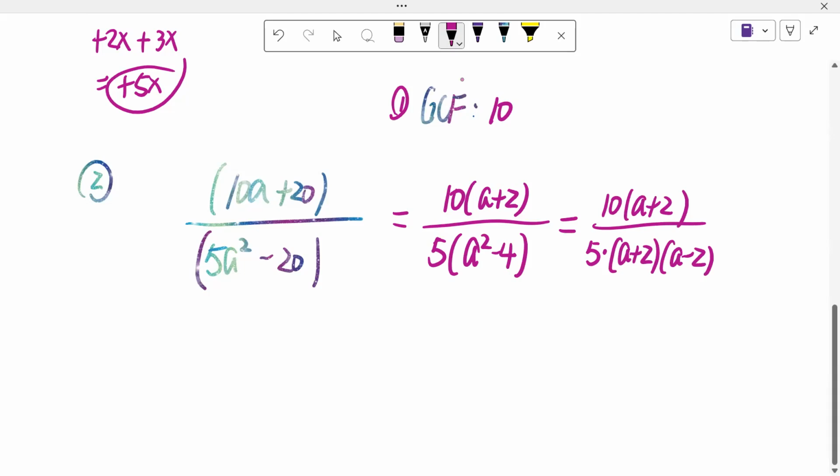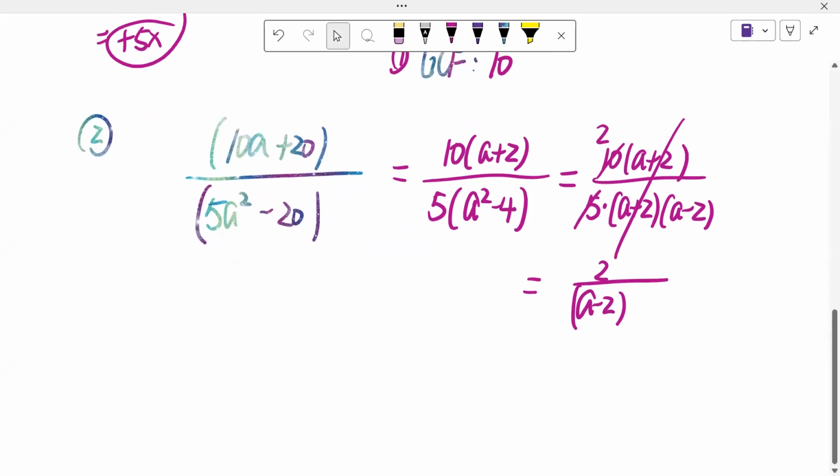From there, we just cancel a plus 2. Then 5 goes into 10 two times, so the 2 remains on the top. On the bottom, a minus 2 remains. That's a typical question on rational expressions.